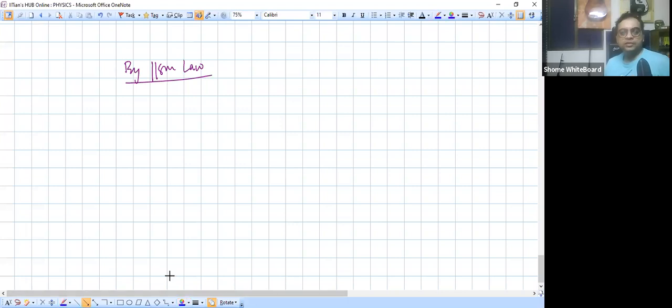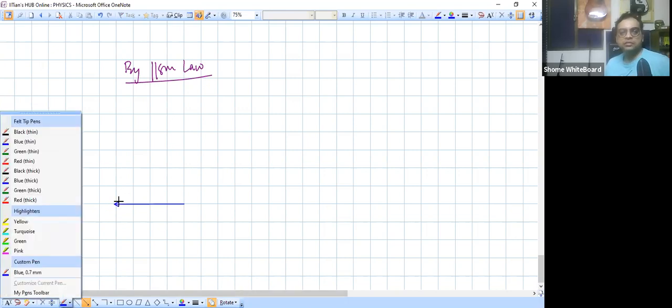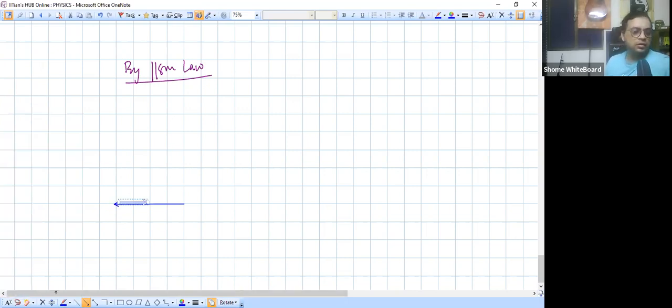So vector B is this along the negative x-axis. So it's 10 units along the negative x-axis.